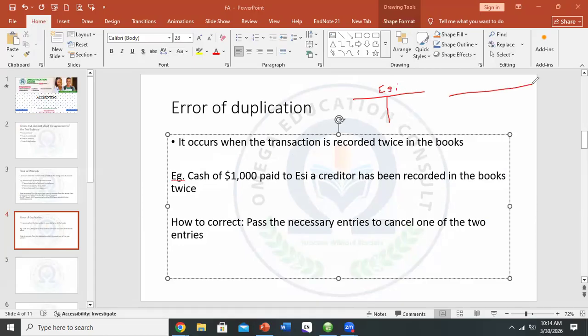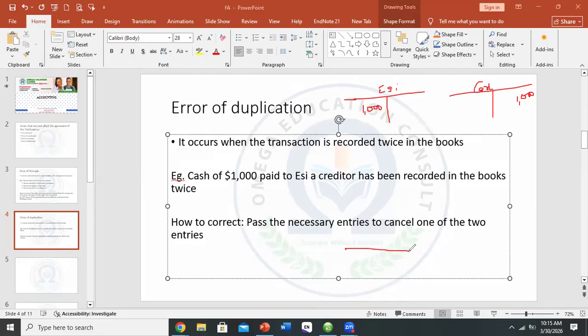That's the double entry for cash paid to AC, a creditor. So we would have credited cash 1,000, and debited AC with 1,000. I will spare the narrations. This is the right thing that should have been done.